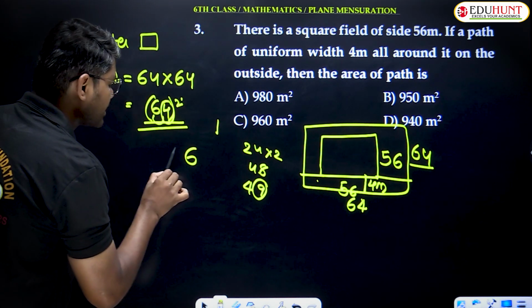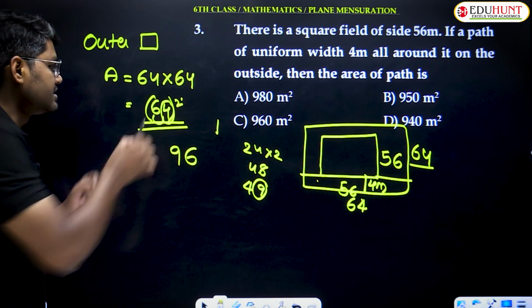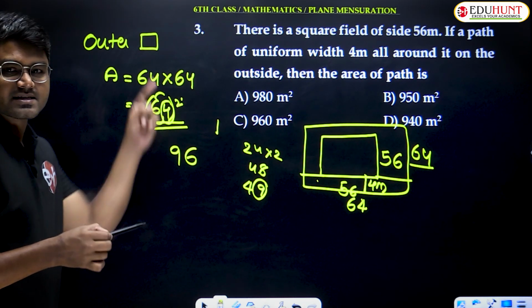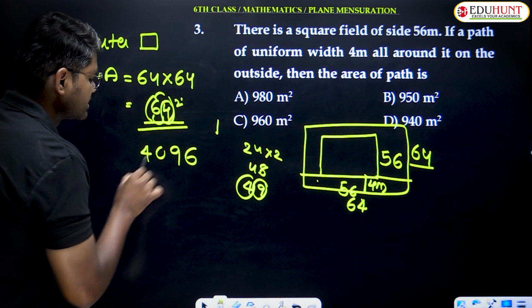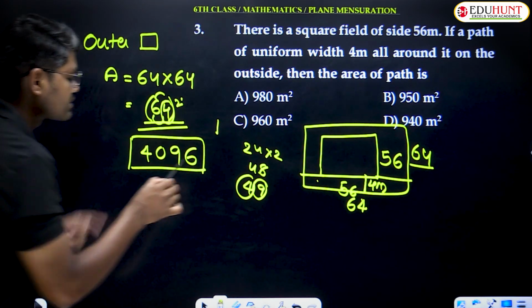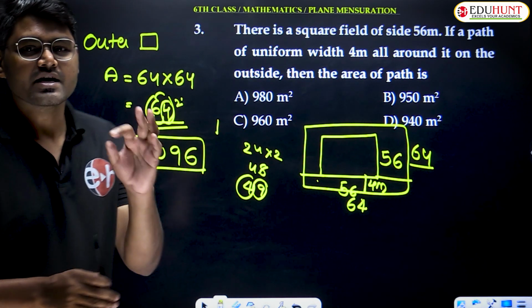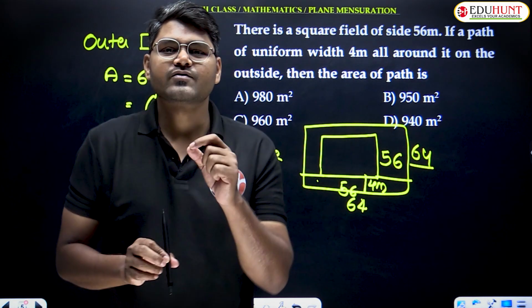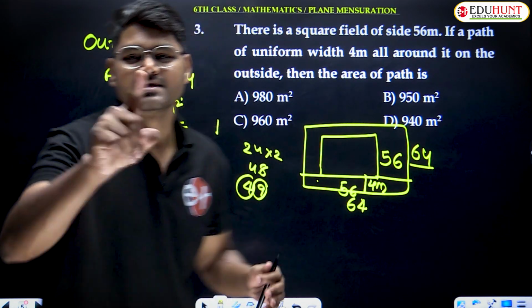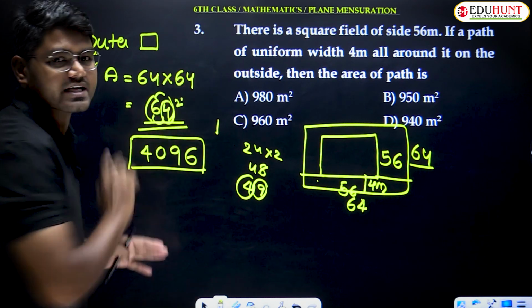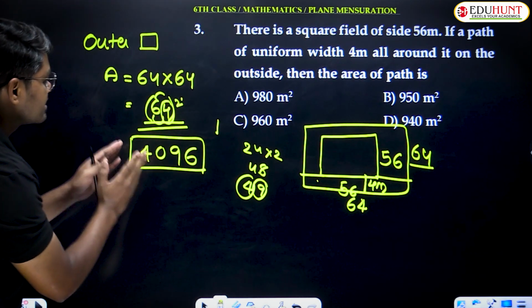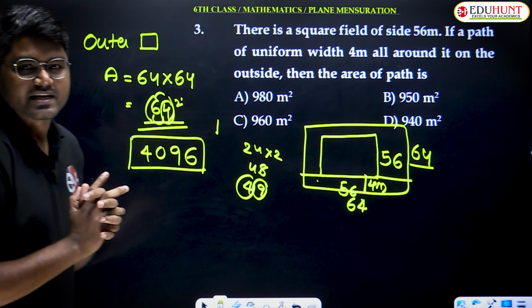So write 9 over here. Next, square it. 6, 6, 36. 36 plus 4, 40. So 64 square is 4096. Whenever you see the square of any 2-digit number, just follow this method. You will get the square of the 2-digit number very easily. Okay, right. This is 64 square, 4096.